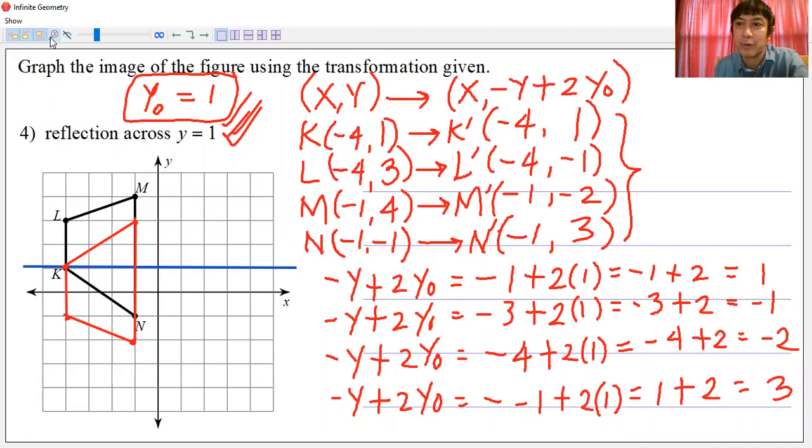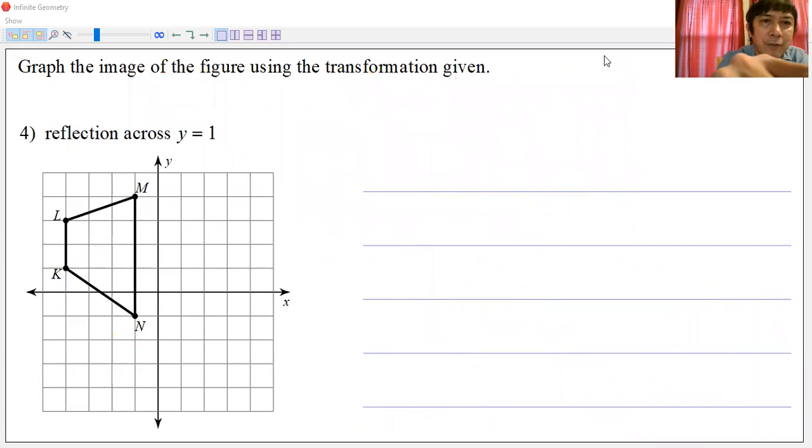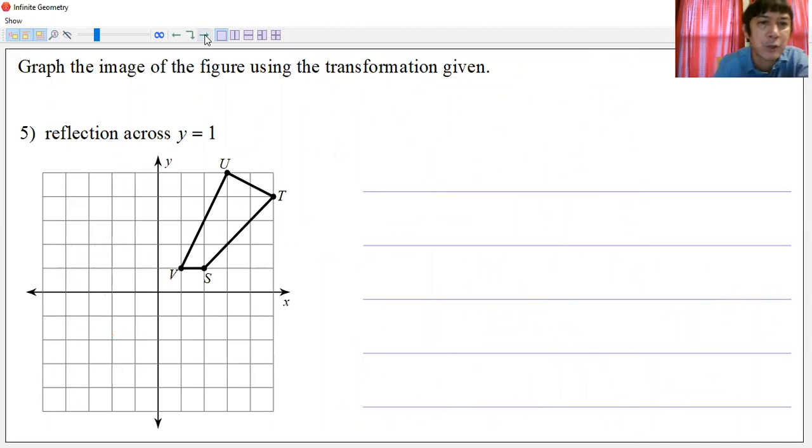So let's proceed to the number 5 example. Okay. Let's have number 5. Here's number 5. Graph the image of the figure using the transformation given. Reflection across y equals 1. Let's draw the line of reflection first. Okay, y equals 1 is over here.